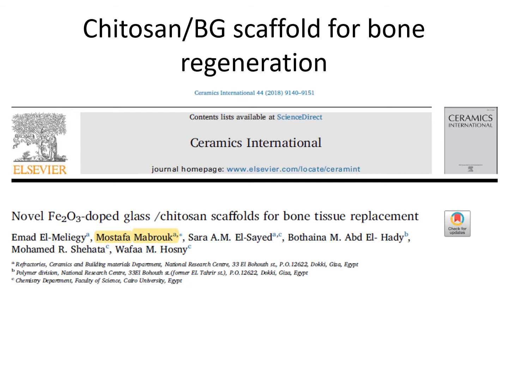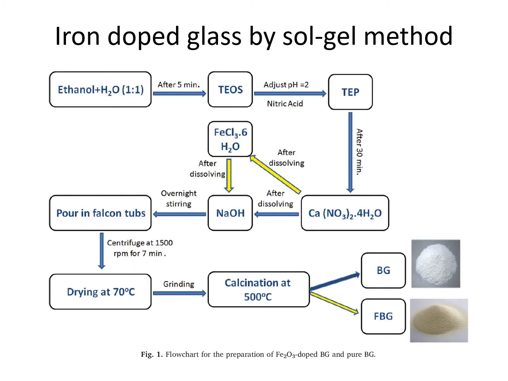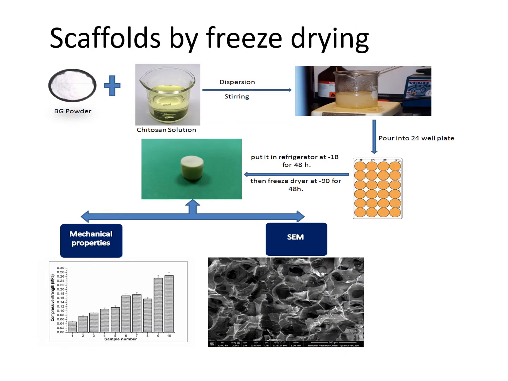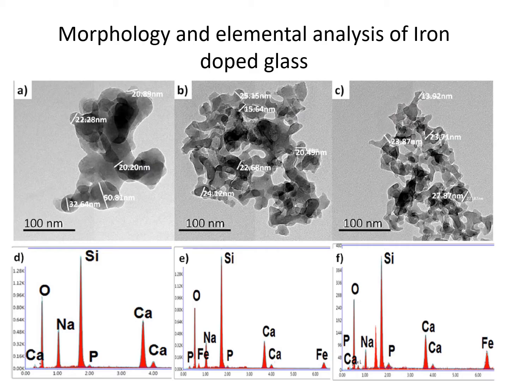This was published in Ceramics International journal, and this is the procedure by which the bioactive glass was prepared, which is mainly the sol gel method, and this bioglass was doped also with iron, and this is the lyophilization technique which has been used for the preparation of this nanocomposite scaffold.